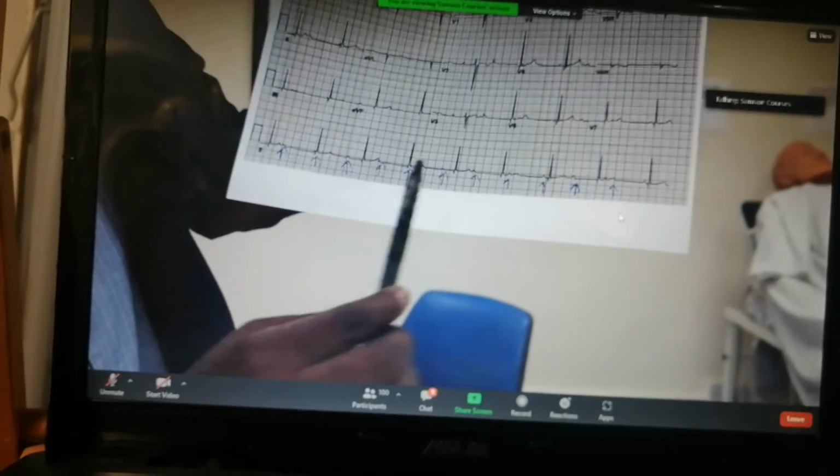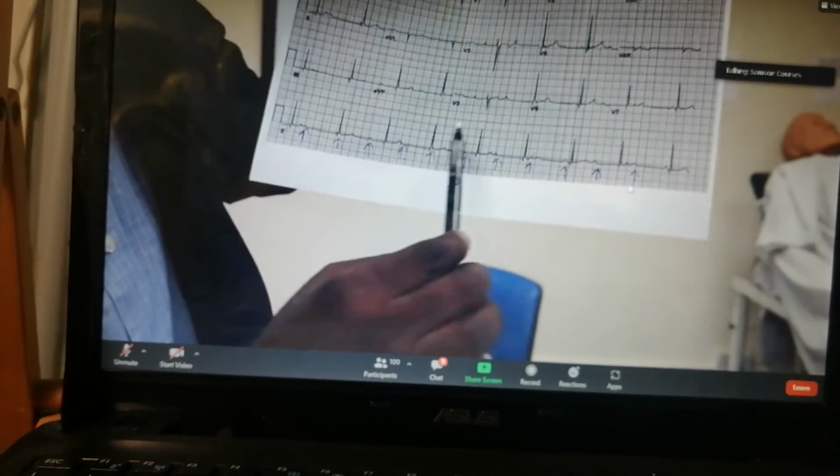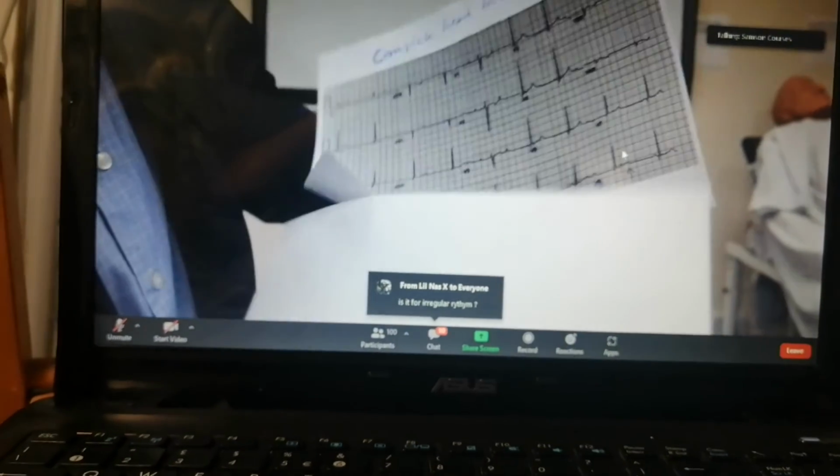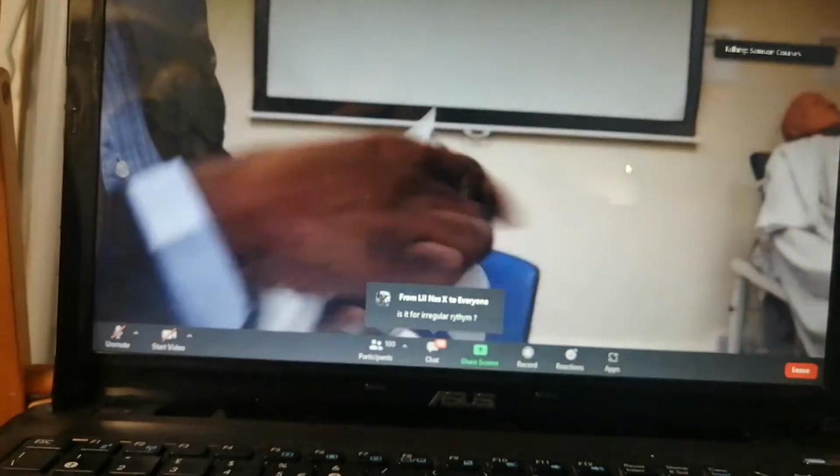Because usually the P waves are regular on their own and the QRS complexes are regular on their own as well. So you need to take a piece of paper. This is the piece of paper I have taken.